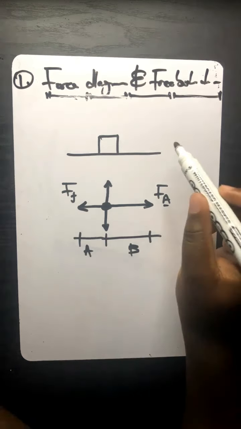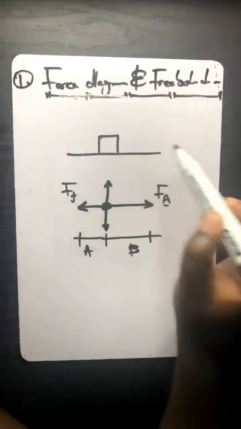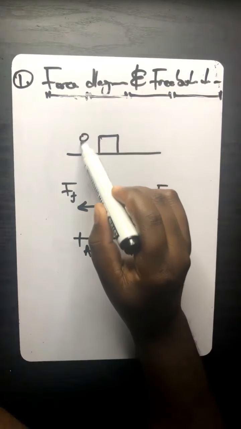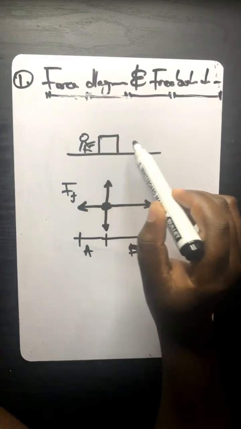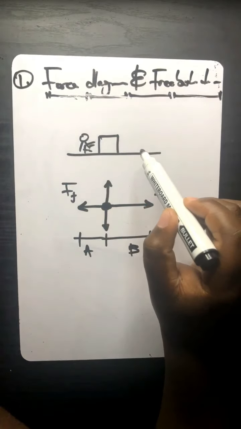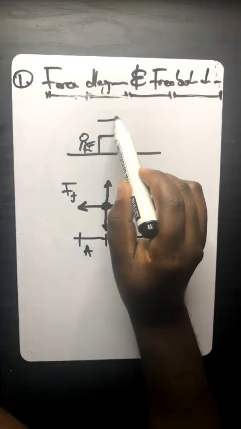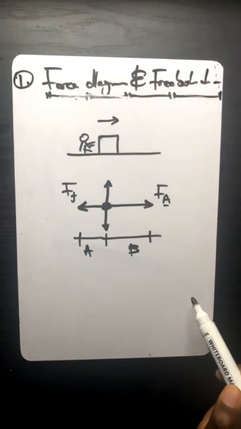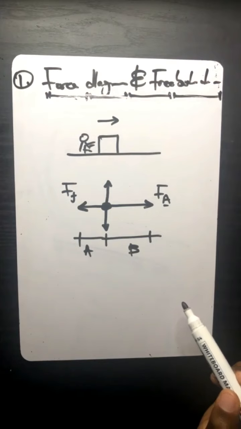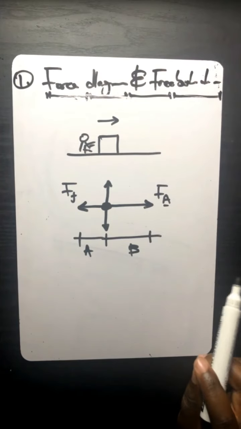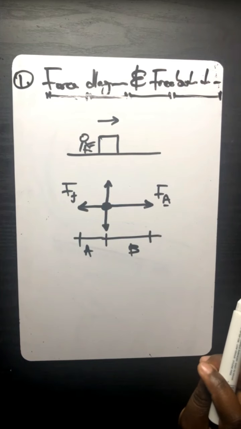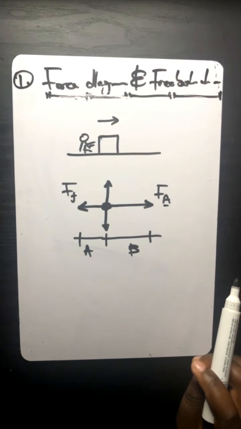Remember, the reason why I did not draw Kevin pushing is because if Kevin was on this side, you were going to know that the applied force is in that direction. So that's why I was saying just take a guess in terms of which side could possibly be the applied force and which one could possibly be the frictional force.